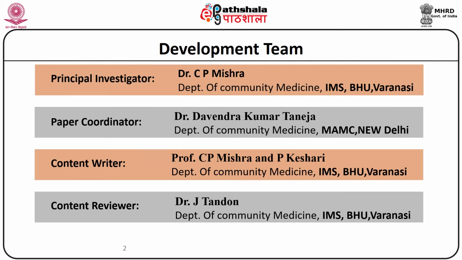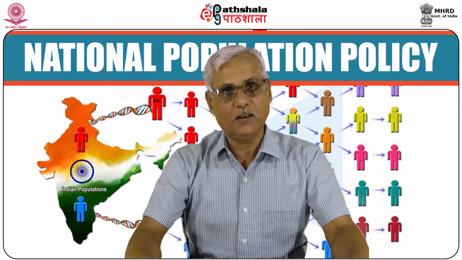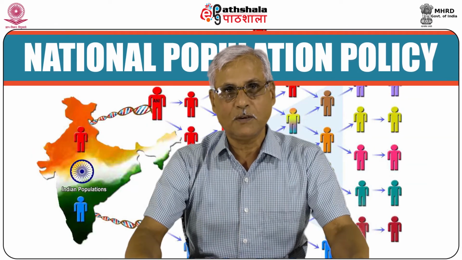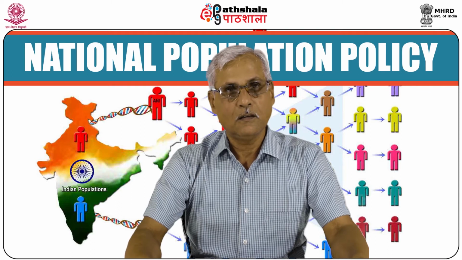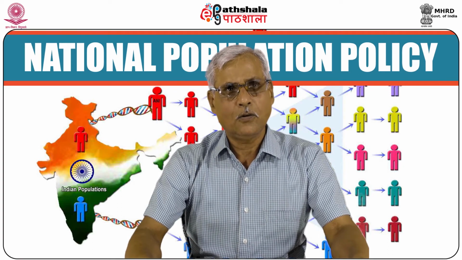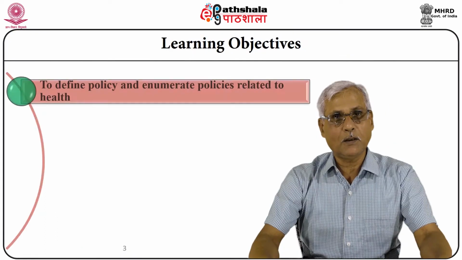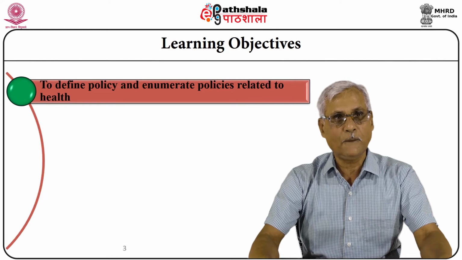This module pertains to a very important area, that is population stabilization and population control or family planning. Now, a number of learning objectives have been set for this module.